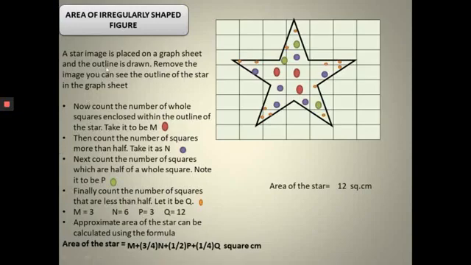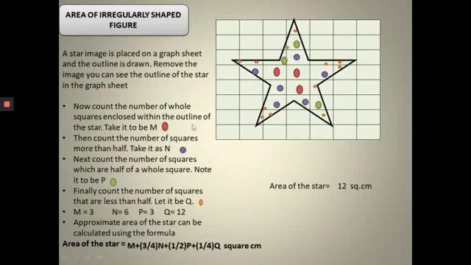Here the irregularly shaped figure is a star. A star image is placed on a graph sheet and the outline is drawn. Remove the image, you can see the outline of the star on the graph sheet. Now count the number of whole squares enclosed within the outline of the star. Take it to be m.